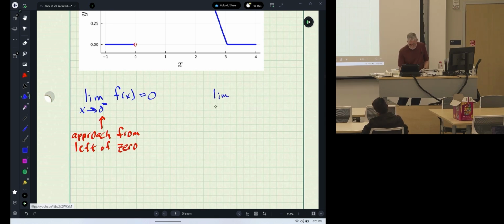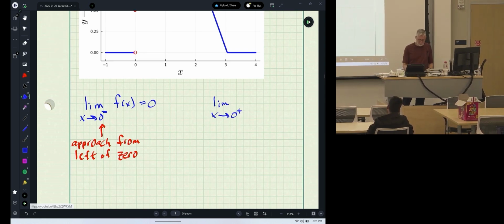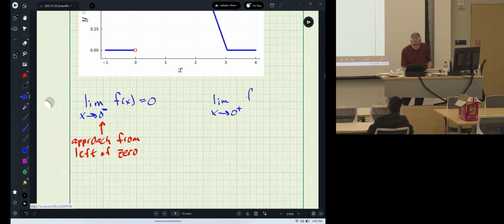And the limit as x approaches 0 from the right of f of x was equal to 1. And the plus means approach from the right of 0.